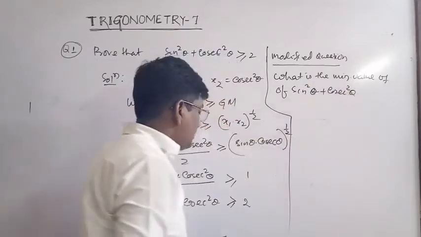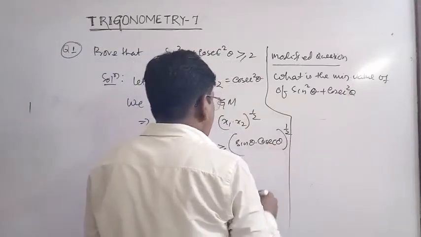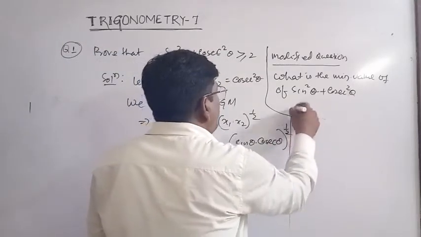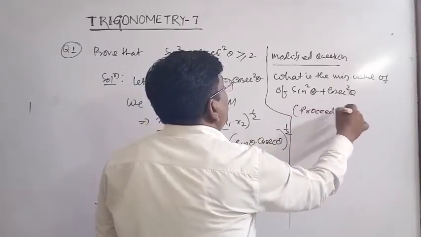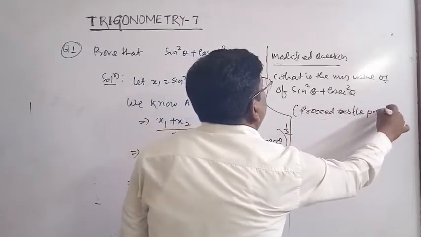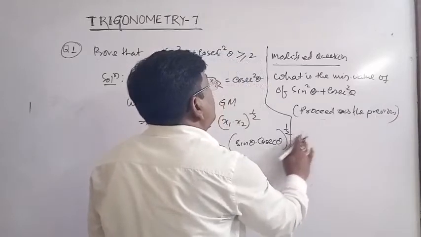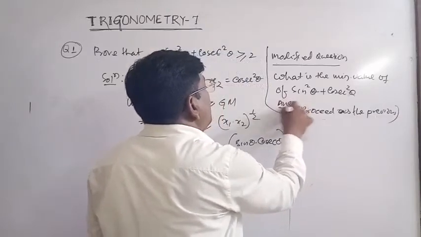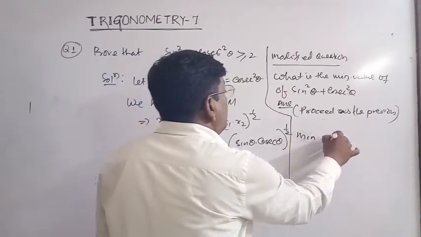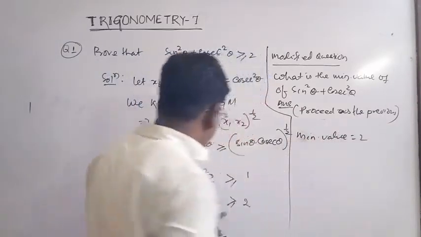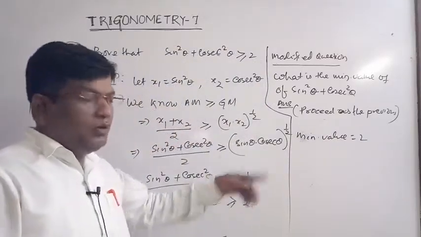What is the answer? Same process. Proceed as previous and the minimum value is equal to 2, because sin square theta plus cosec square theta greater than or equal to 2 means it starts from 2 up to infinity.